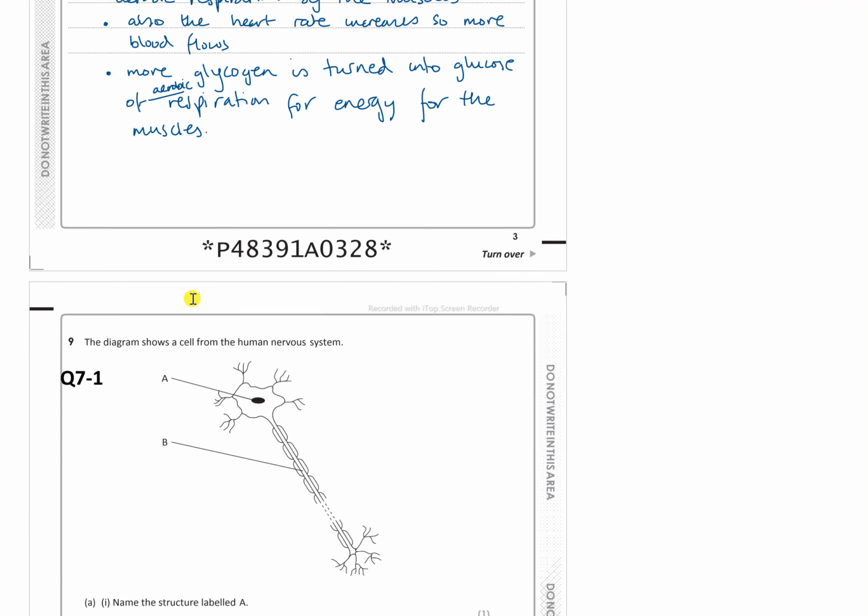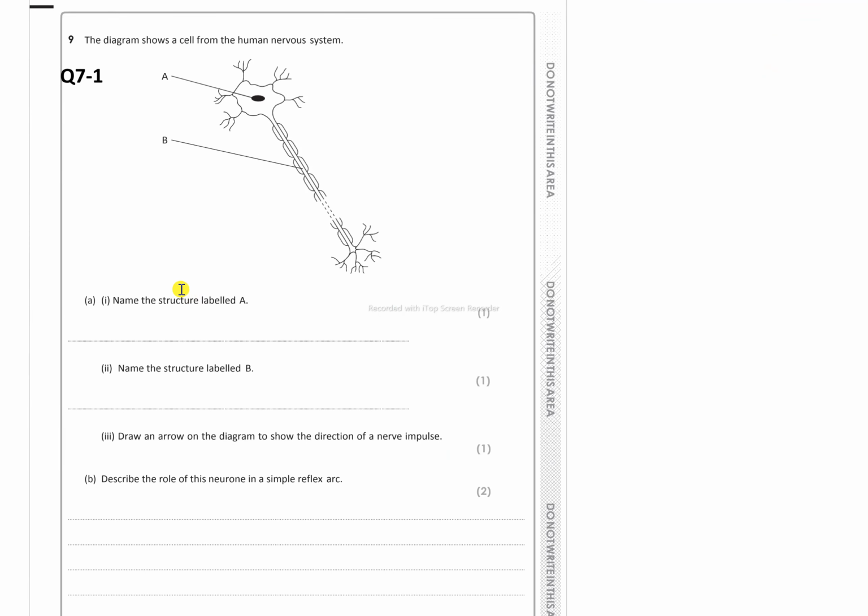Okay. All right. So this here is a neuron. Right, so it's saying, let's have a look. What type of cell is it? Right, there were 3 types of neuron. Well, 2 in particular.